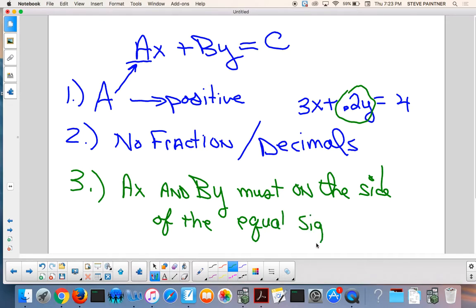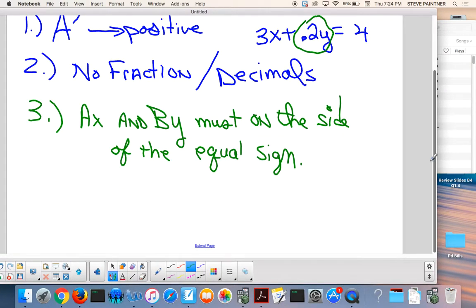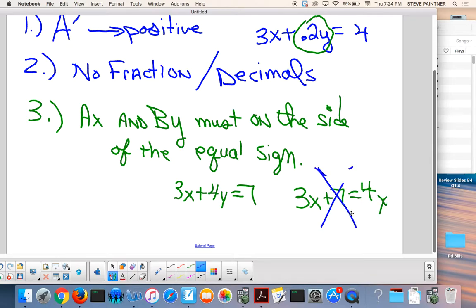Okay. So now, what I'm trying to say is you want this: 3x plus 4y equals 7. That's good. But 3x plus 7 equals 4y, that is not good. That's the one we don't want. This one. We want this one.